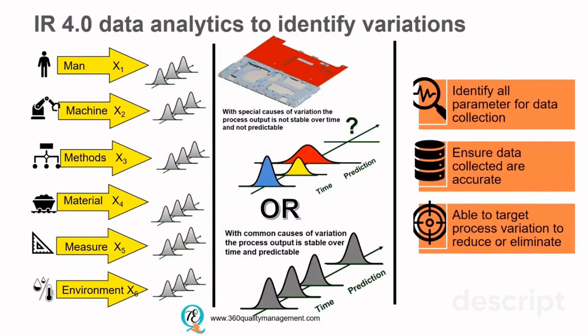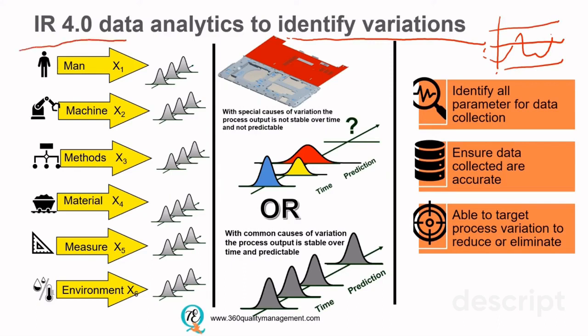After we have understood who our real enemy is in the manufacturing process, next is how do we recognize the common cause and special cause variations? The method used to identify process variations has been quite manual even till today, using charts or SPC charts to identify if there's a presence of special cause. We are already in the era of IR 4.0.